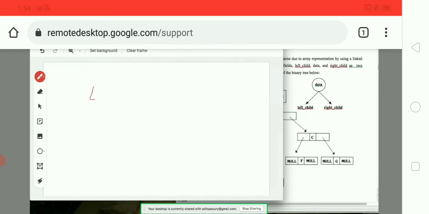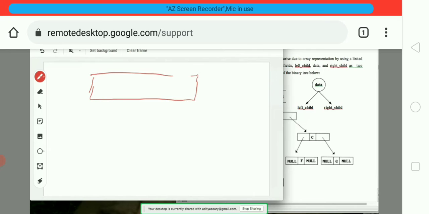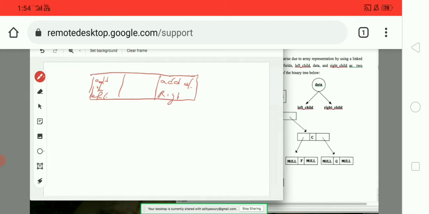This is the linked list node, and we already know that it contains three parts: left, center, and right. The left is used to maintain the address of the left node, the right is used to maintain the address of the right node, and in the center the data element will be stored.